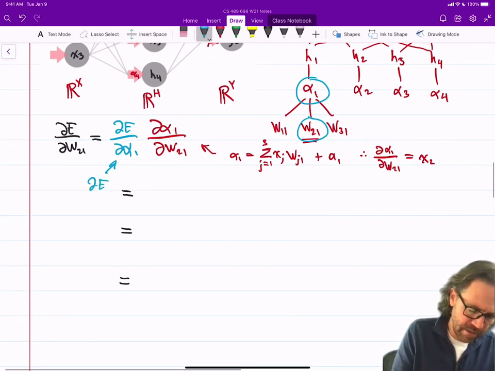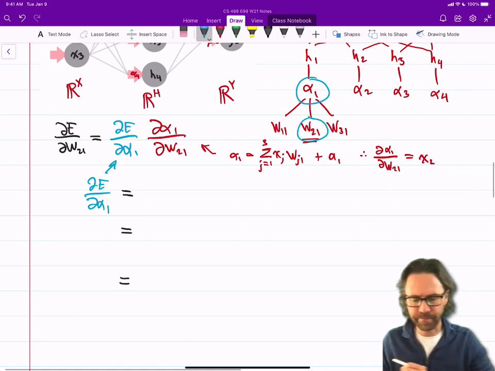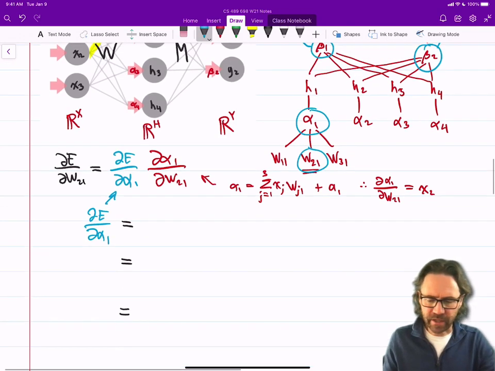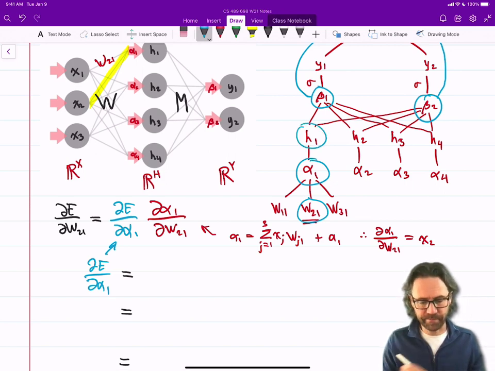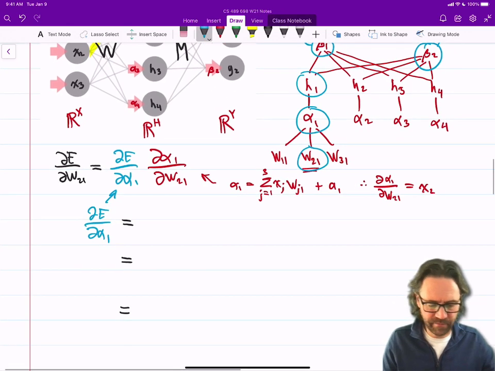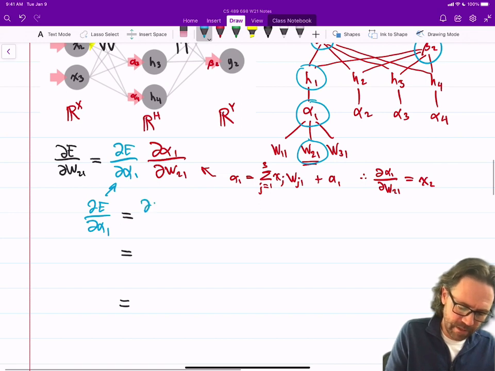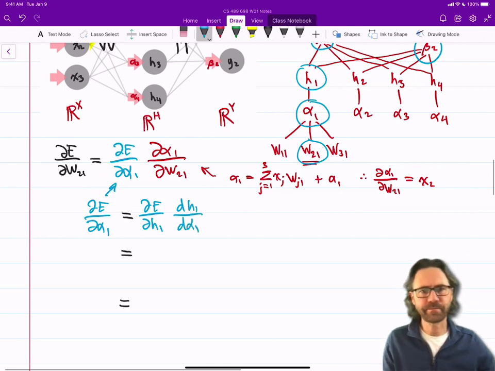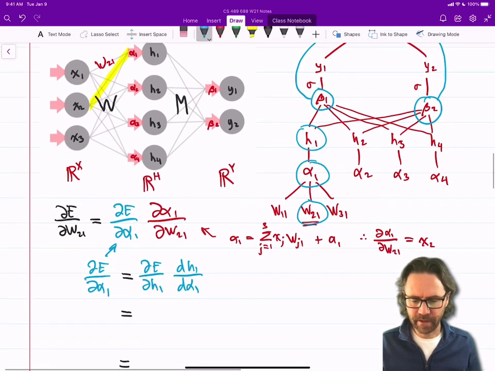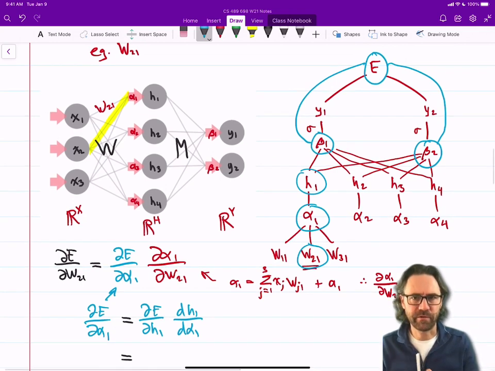Now let's focus on this part here: ∂E/∂alpha 1. We can write that as ∂E/∂H1, we can stop there, and then ∂H1/∂alpha 1. Now here's where the first sort of tricky part comes.